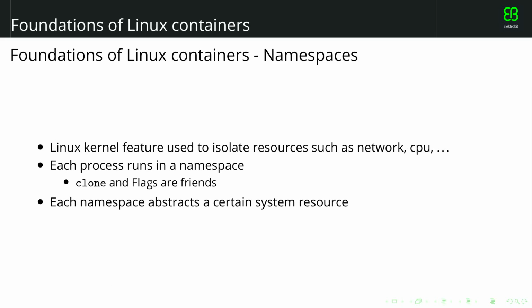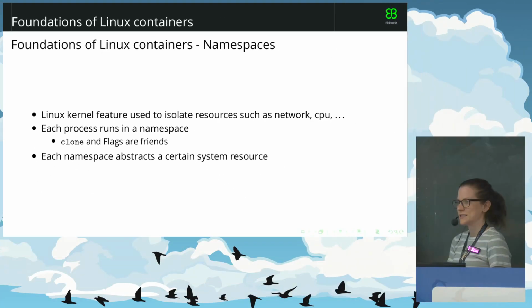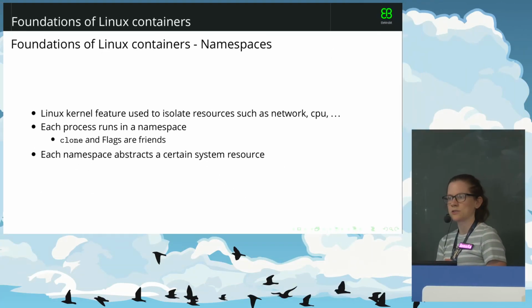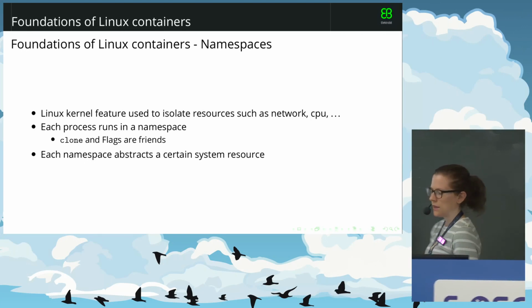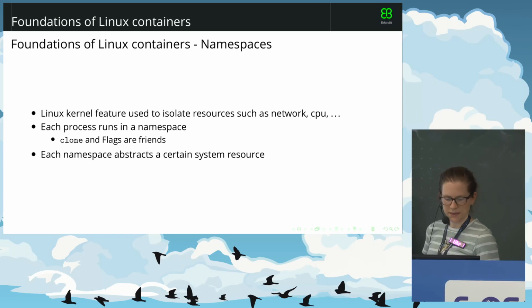How is this to be understood? Each process runs in a namespace anyway. Normally this is inherited from the parent, but with clone and its flags, we can also create new namespaces, and then each namespace abstracts a certain system resource.